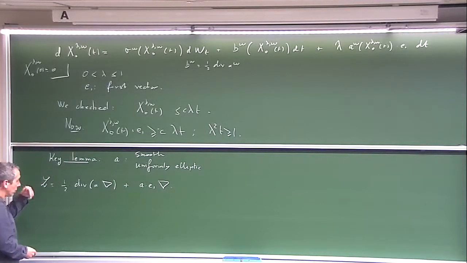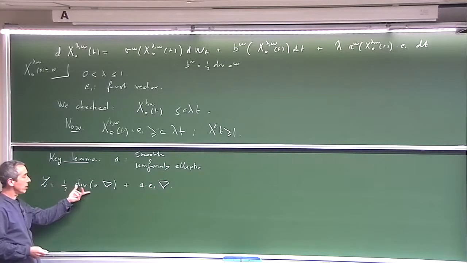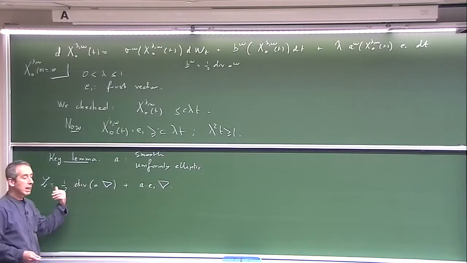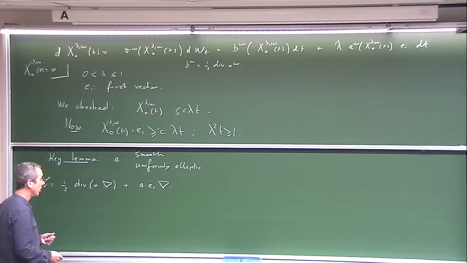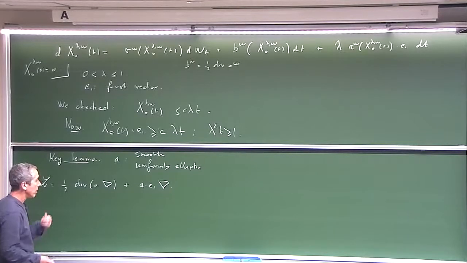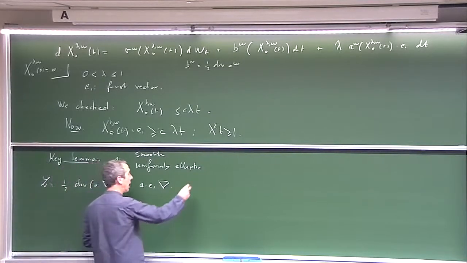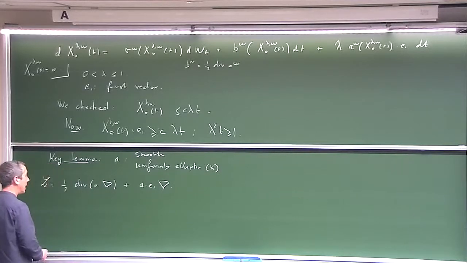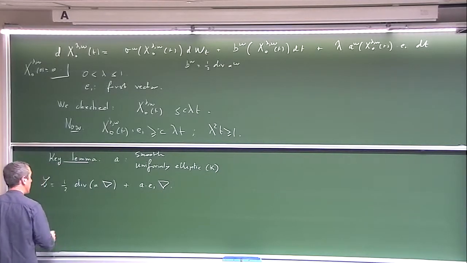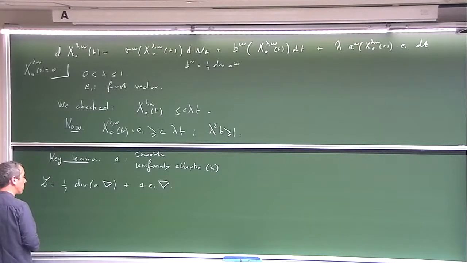And the first thing I want to do is to express the fact that the diffusion process associated with this operator tends to go in direction E1, which is rather intuitive. And I want to express that in a way which is rather quantitative. So I will call kappa, as before, the ellipticity constant. And then my statement is about the probability to go to the right rather than going to the left.